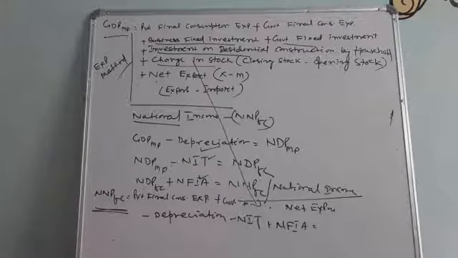This is the formula above all. We conclude here that national income is NNP at factor cost.